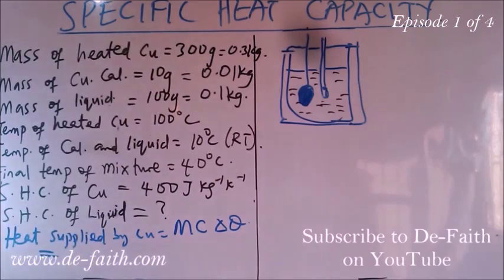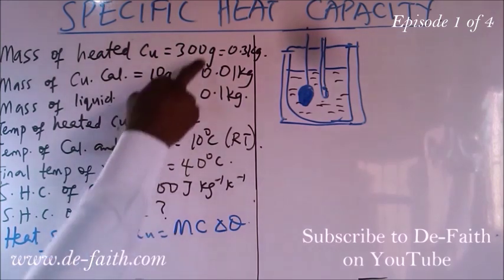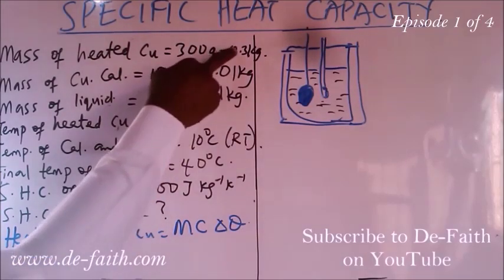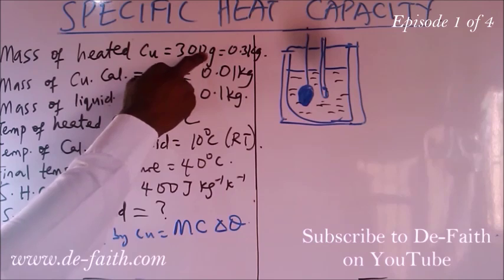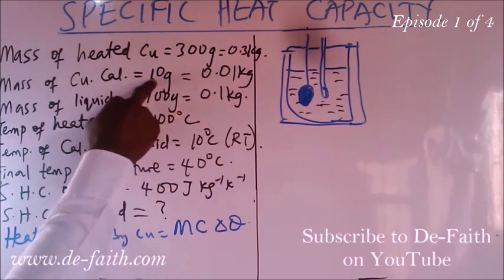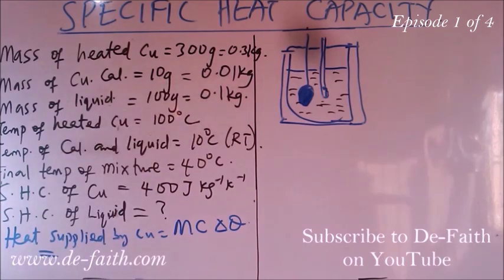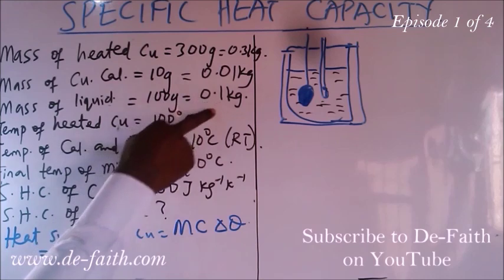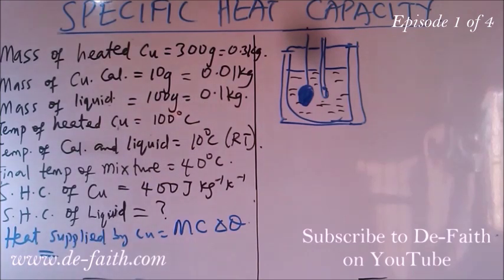Now the mass of copper that was given in the question is 300 grams, but like we said, we need to work using the standard quantities, and so the mass here, which was 300, we converted into kilogram by dividing the 300 grams by 1000 to get 0.3, and then the 10 grams is converted to kilogram by dividing the 10 by 1000 to get 0.01, and then the 100 grams of this liquid is converted into kilogram by dividing by 1000, and so mass of the copper is 0.3.